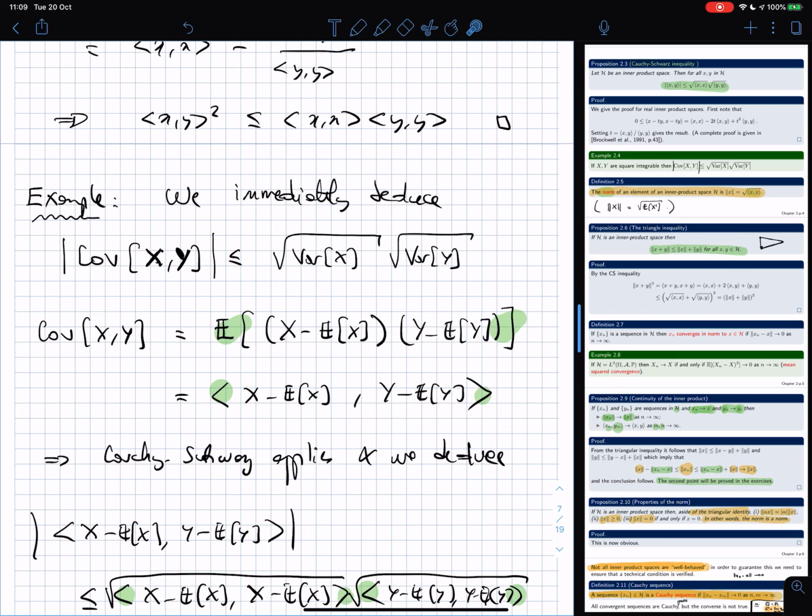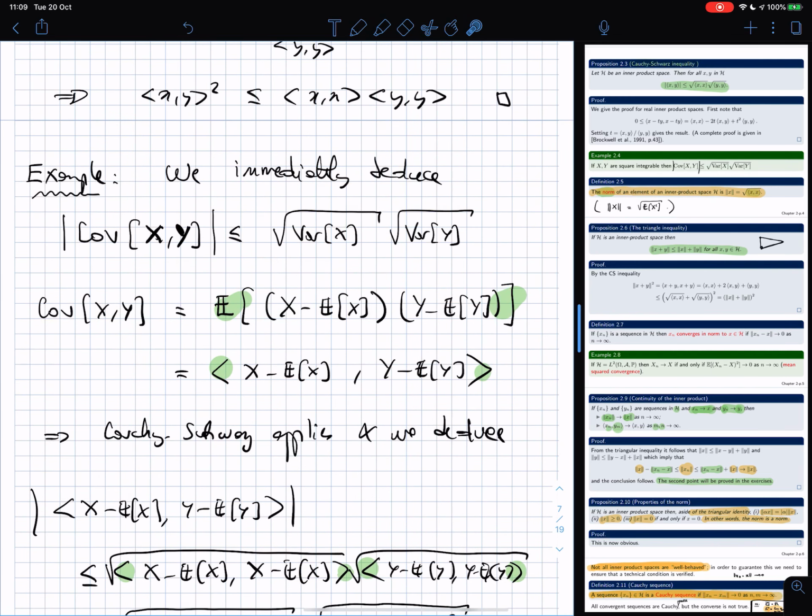And how do we know that this correlation is always between -1 and 1? Well, it's Cauchy-Schwarz. The covariance, which is just a scalar product, is always less than the square root of the scalar product of x with itself times the scalar product of y with itself. If we apply it in the L2 setting, covariance of x and y, it's what? It's the expectation of x minus its mean times y minus its mean.